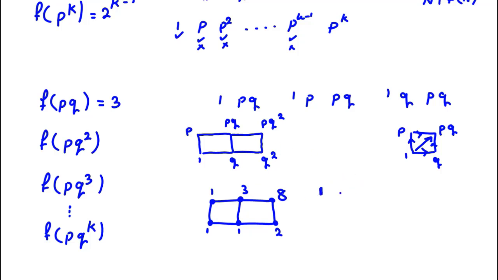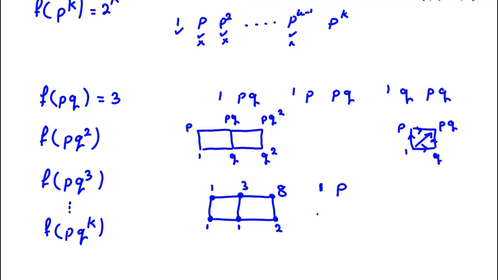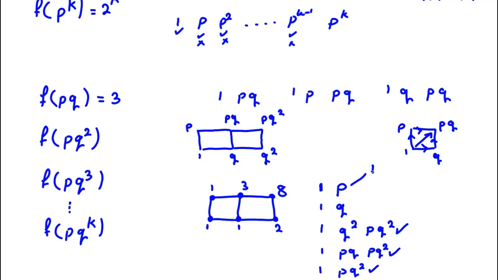So you say 1, the next one is P, or the next one is Q, or next one is Q squared, or next one is PQ, or next one is PQ squared. Here it was finished, here it is only PQ squared, so 2 cases for Q squared. Next one should be what? Next one again should be PQ squared, 3 cases. Now let's consider P and Q. If it is P, next one can be PQ or PQ squared, so 2 cases. Okay.